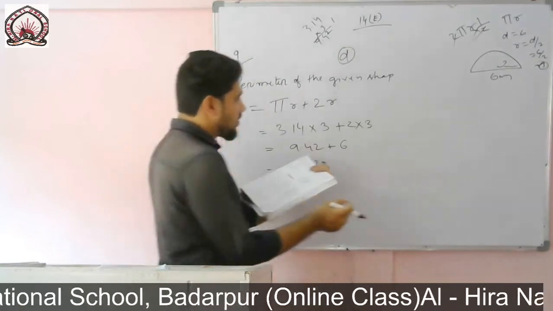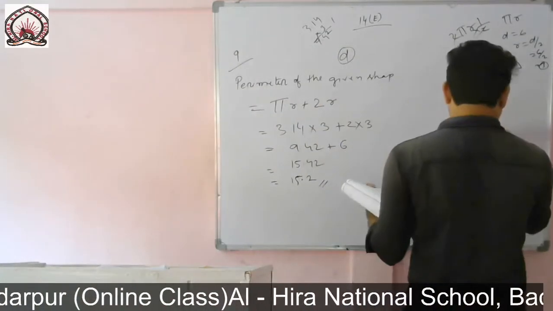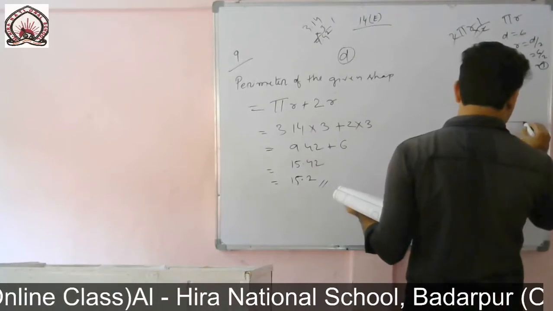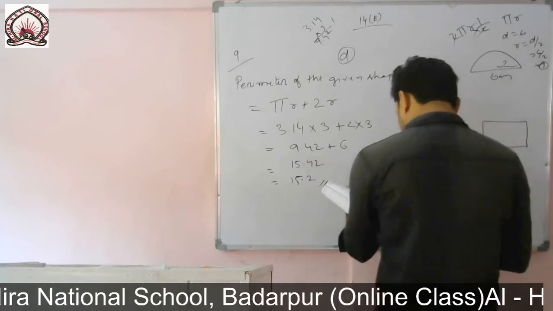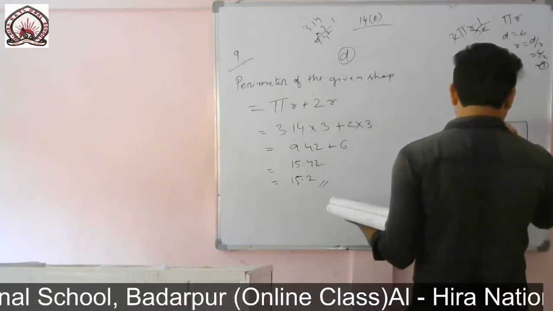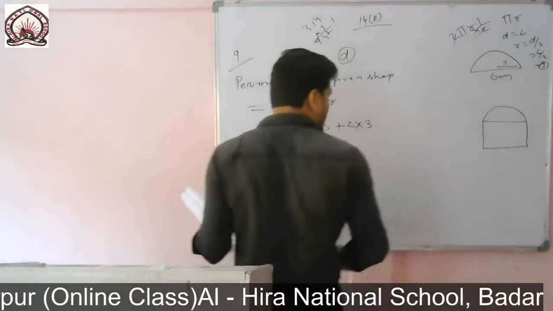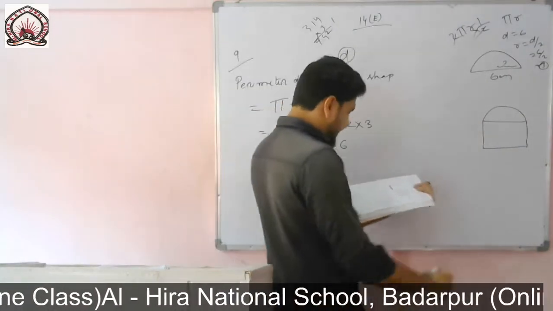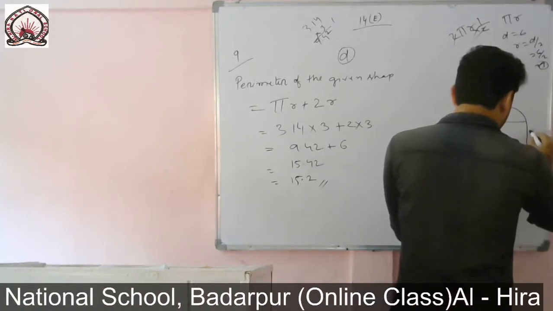Okay, now come to the second shape. The second shape is given like this. In this case you see 17 centimeter and 5 centimeter.